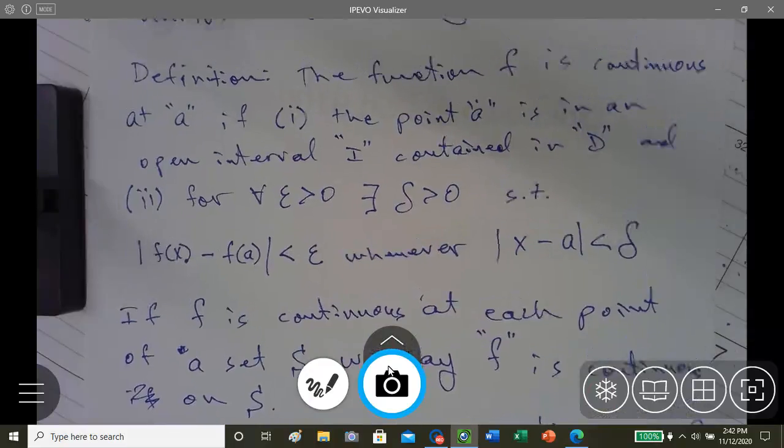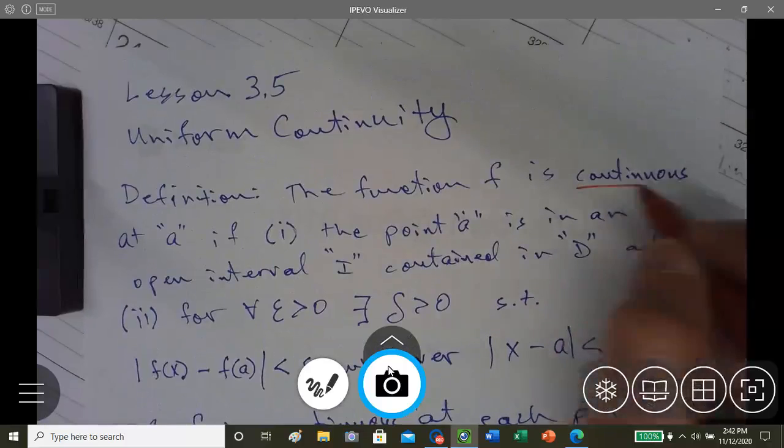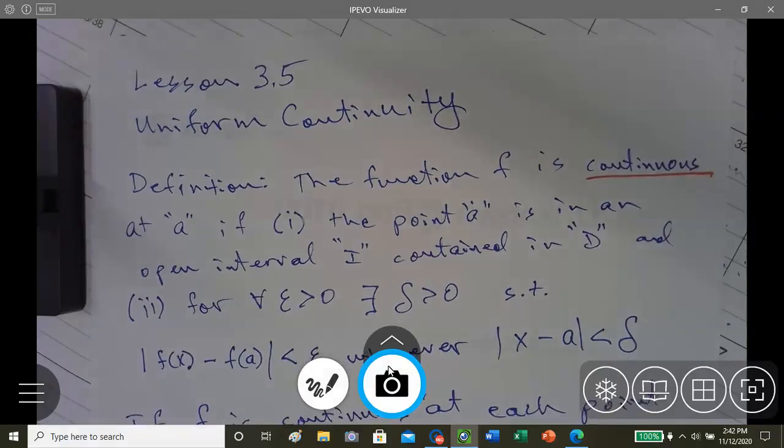So that's continuity. We've just reviewed continuity. Now let's look at uniform continuity.